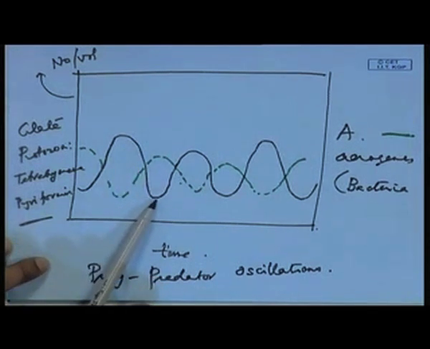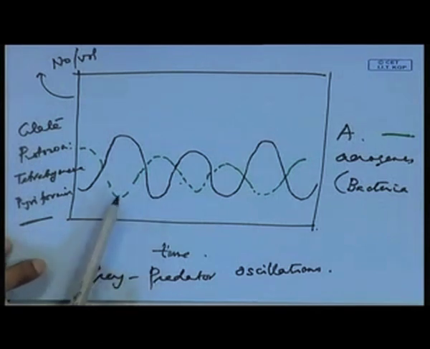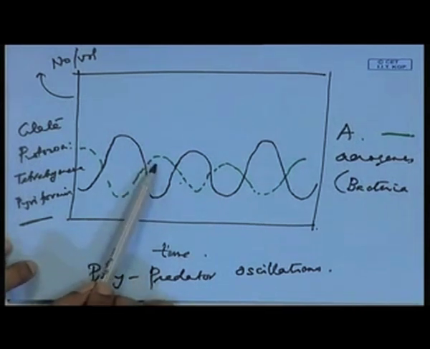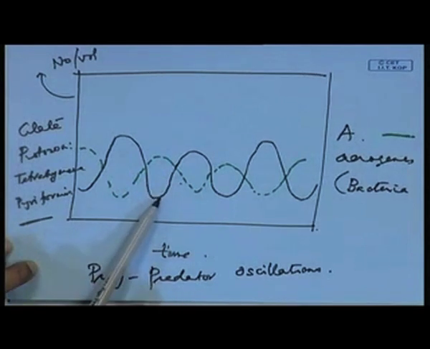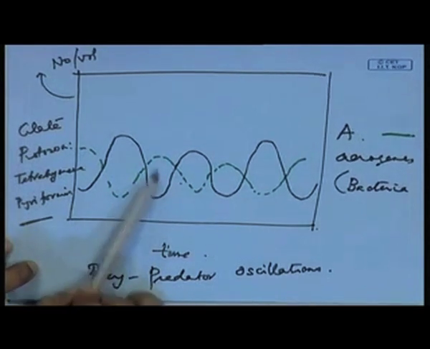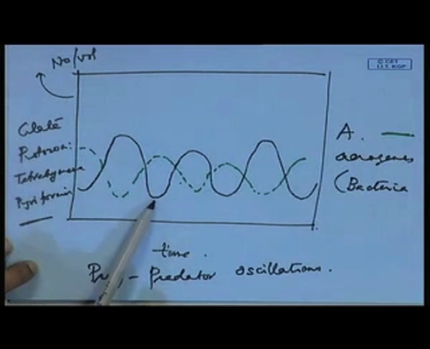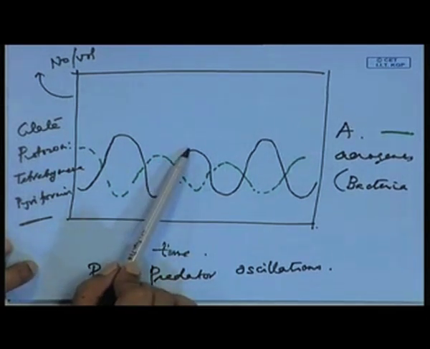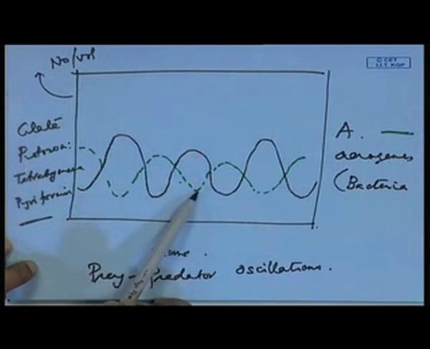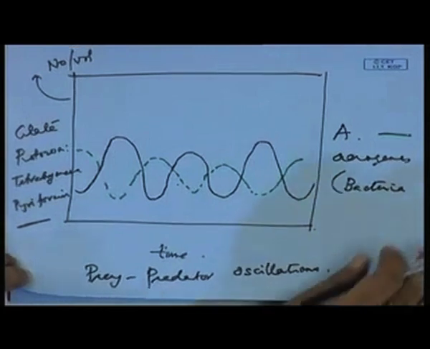When the predator starts to die and decrease in number, the prey population goes up because there is not enough predator eating up the prey at this point of time. Now, when the prey population goes up, the predator starts to eat up the prey again, and it goes up again, and as a result of the eating up, the prey population goes down, and this cycle continues again and again.